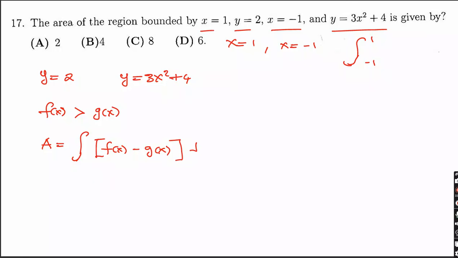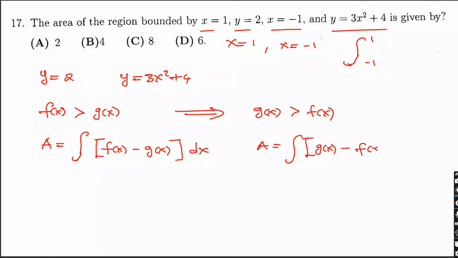That's how you find the area. But if g of x is the one which is greater than f of x, the area is just going to be, in the same way, we change it. We are going to start now with g of x minus f of x.